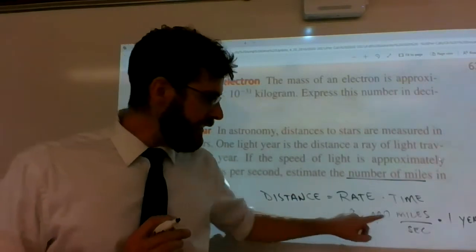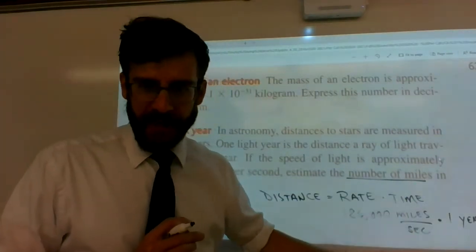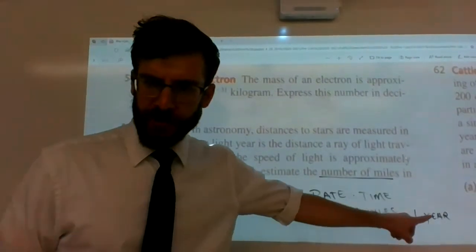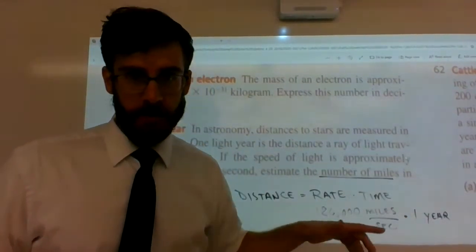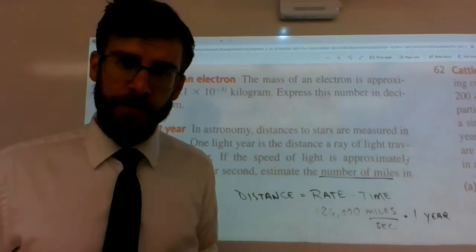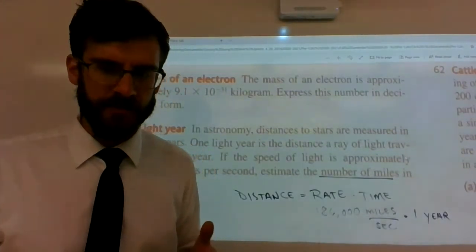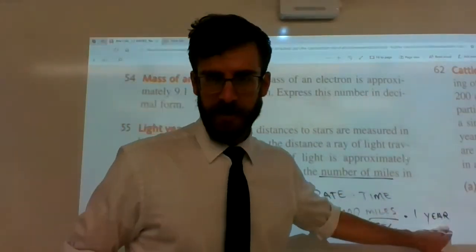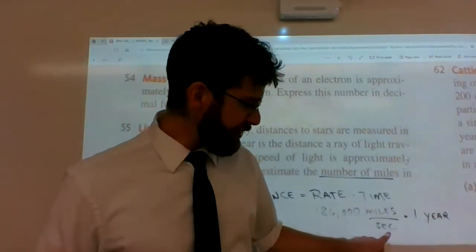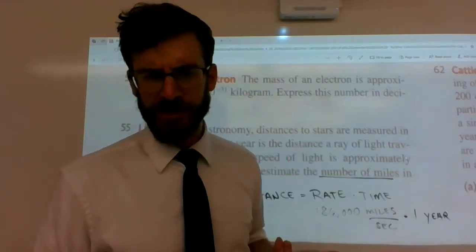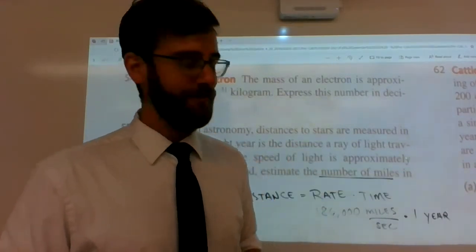Distance must be miles, and right now we've got a unit called miles year per second. That seems a bit problematic. So what we have to use is dimensional analysis, where we take year and convert it into a unit that's going to cross-cancel with the seconds on the bottom part of this rate fraction. So let's do it.